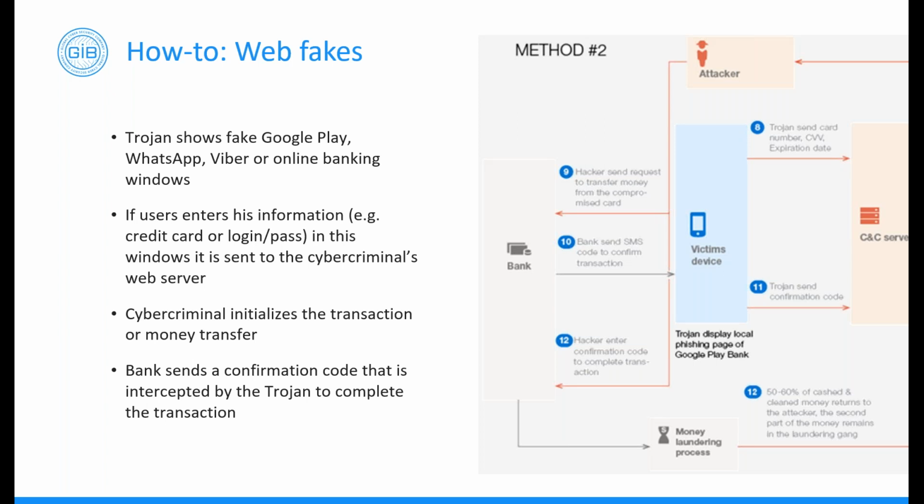If the user enters information like credit card data or login and password in an application window which seems to be legitimate but actually is malicious, the information will be sent to the cybercriminal's web server. Cybercriminals will initiate the transaction or money transfer, and the bank, of course, will send a confirmation code that will be intercepted by the Trojan to complete the transaction.